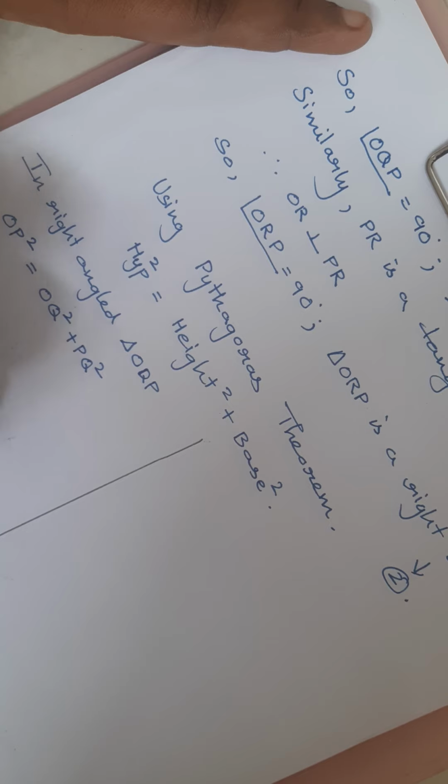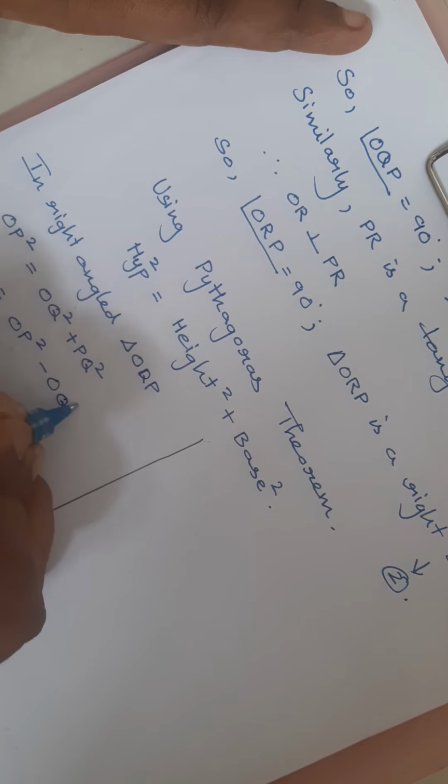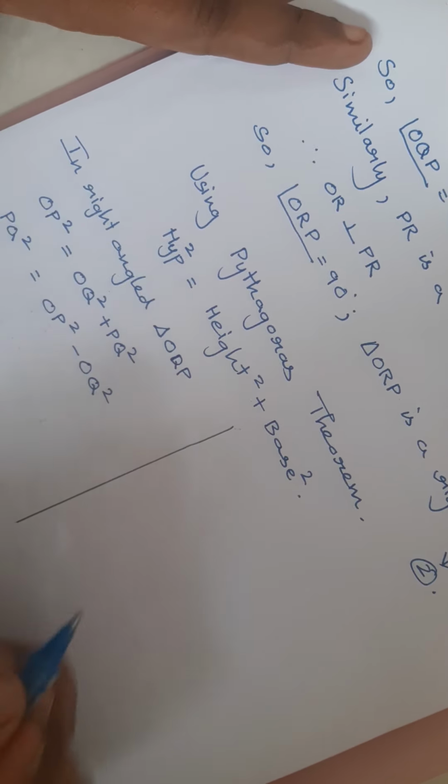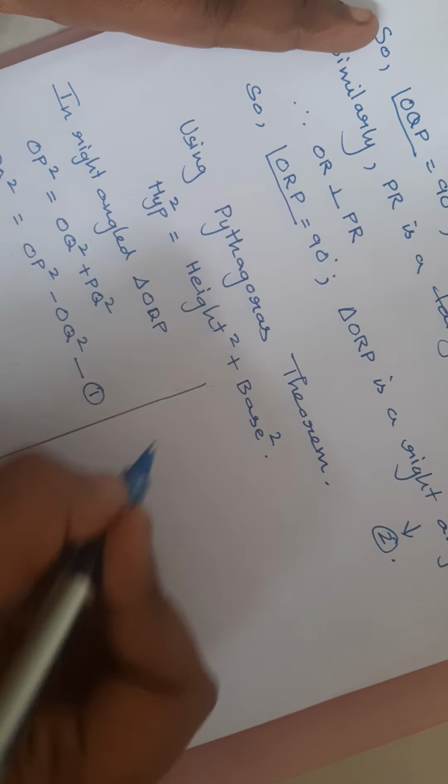So PQ square equals OP square minus OQ square. This is equation 1.